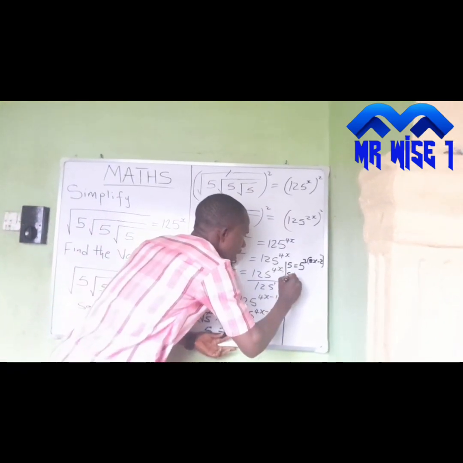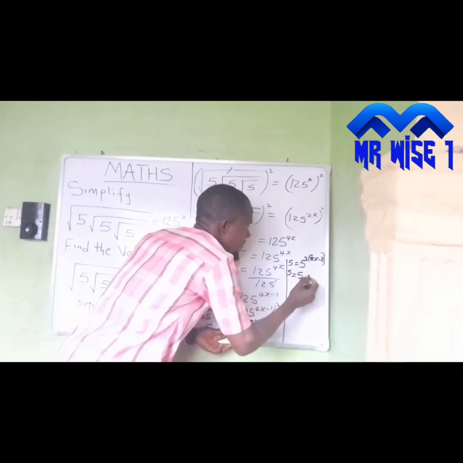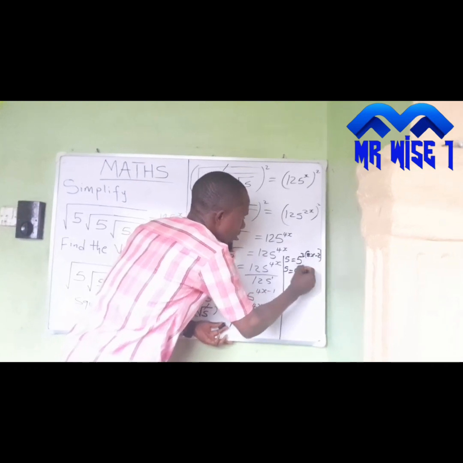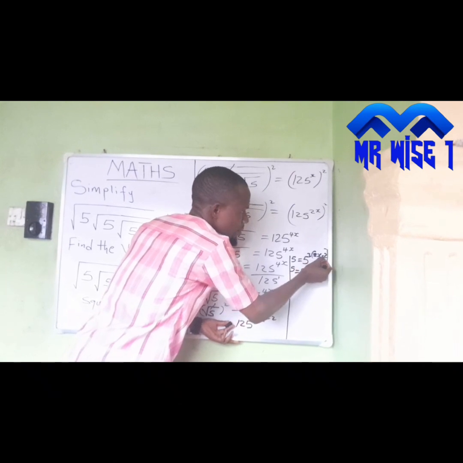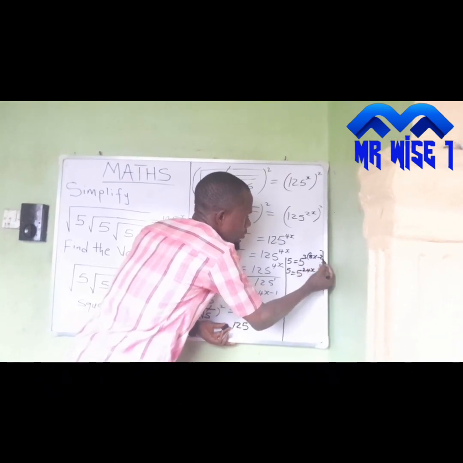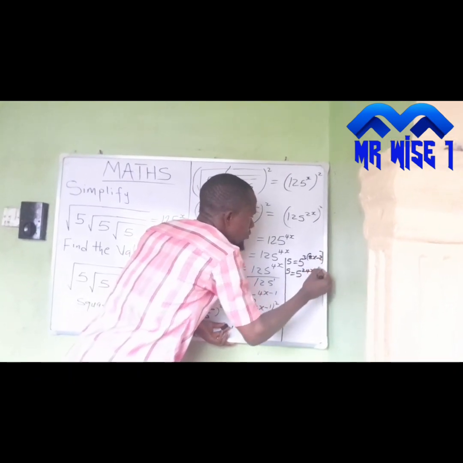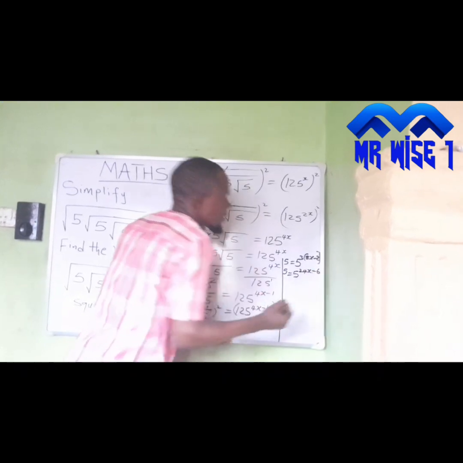I now have 5 is equal to 5 to the power of 3 times 8, I have 24x. 3 times minus 2, I have minus 6.